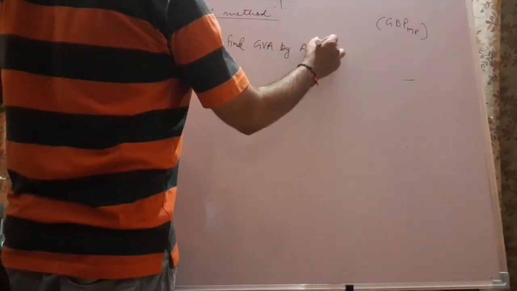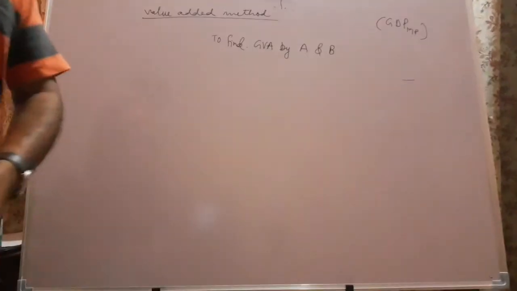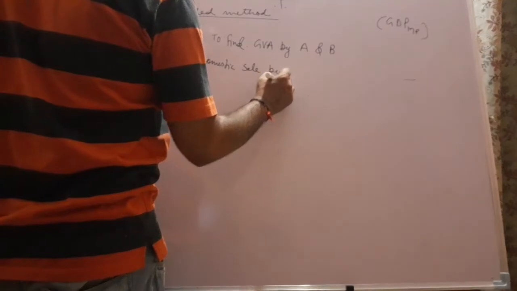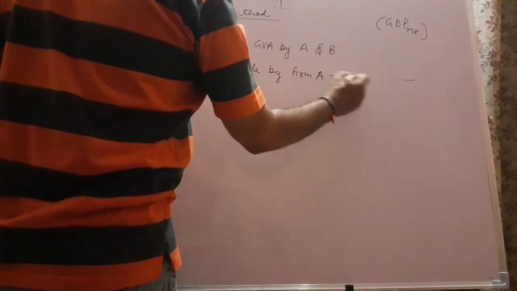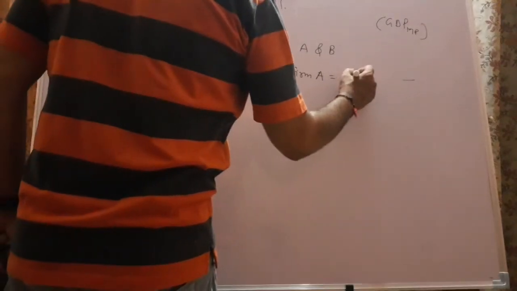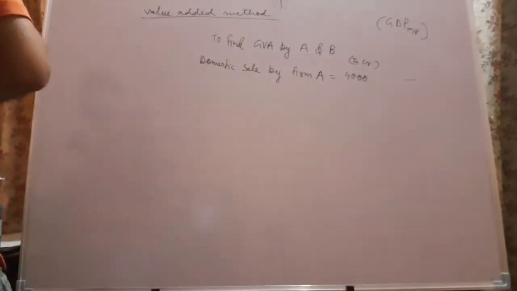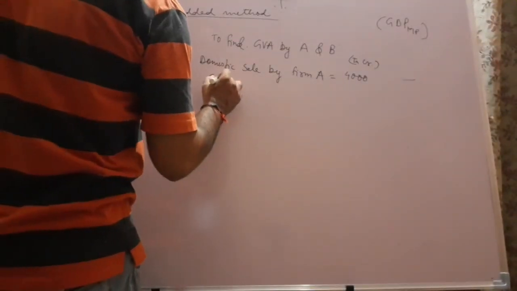This we have to calculate. And the particulars are: domestic sale by firm A, 4,000 crores. Exports by firm A, 1,000.